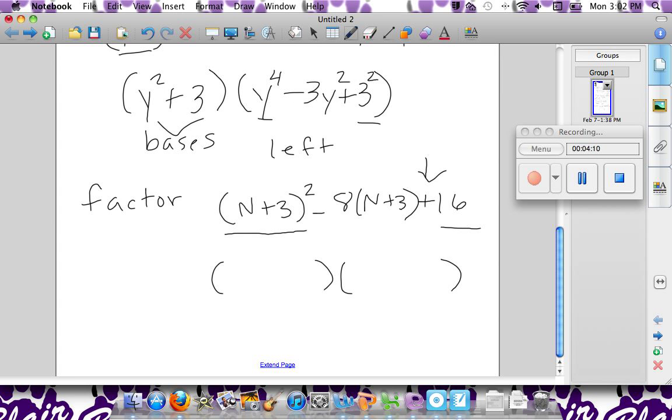I look at the back term to see what they're going to be. Well, positive back term means that they're both going to be the same. The middle term tells me what they're both going to be. In this case, they're both going to be negative. And then all I have to do from here is take the square root of the first and the square root of the last. The square root of n plus 3 squared is just n plus 3.